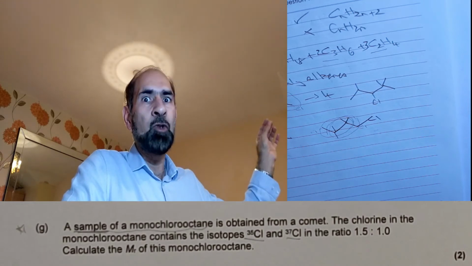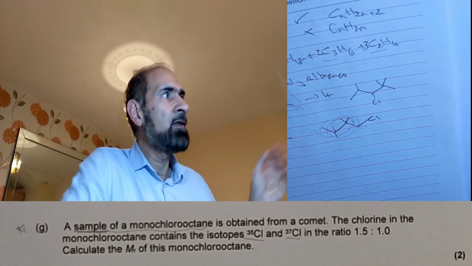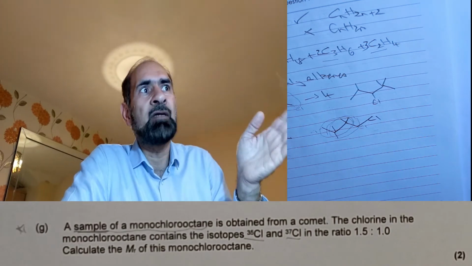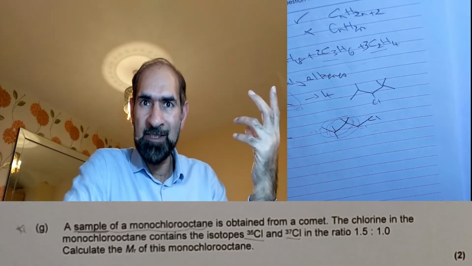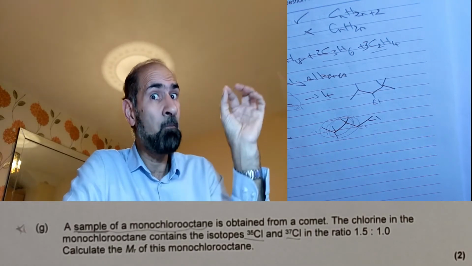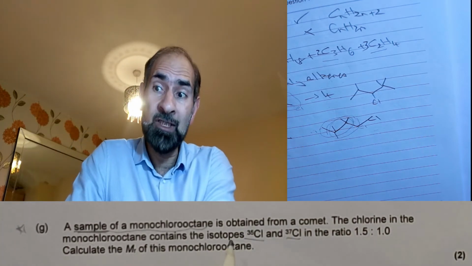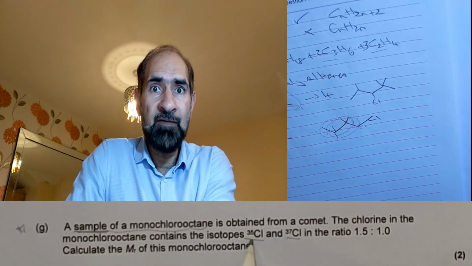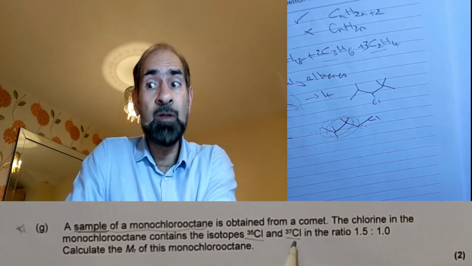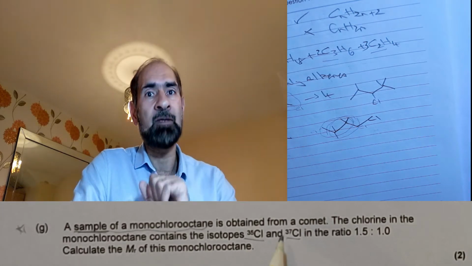So one molecule might contain Cl35 and Cl35, the other molecule might contain Cl37, or another molecule might contain 35 and 37. Do you see what I'm saying? A sample means they've got more than one molecule. So one molecule will contain Cl35, the other one will contain Cl37, and then you've got to find out the relative atomic mass.